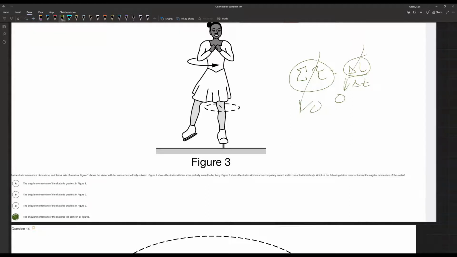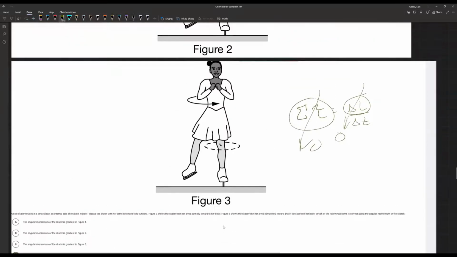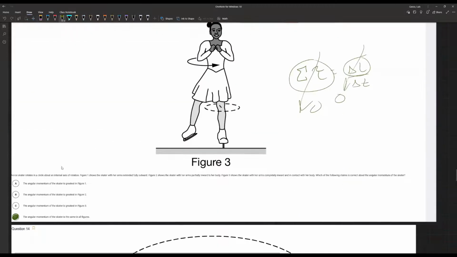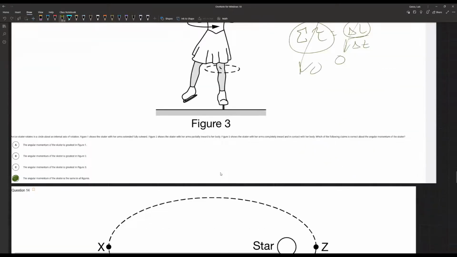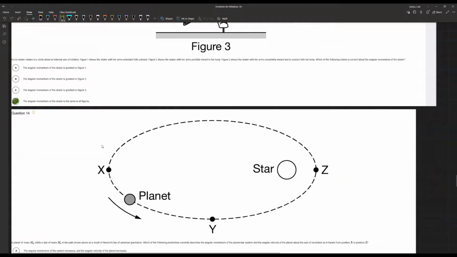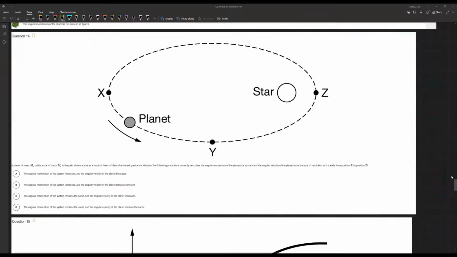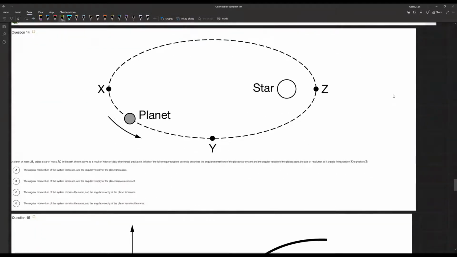It is a conserved quantity in the absence of a net torque. What I don't like is that they don't say there might be friction here, which might cause her to slow down in her spin, but they use the idea of an ice skater to imply that there is no noticeable friction. So they're not explicitly telling you, but we can infer that from the scenario.